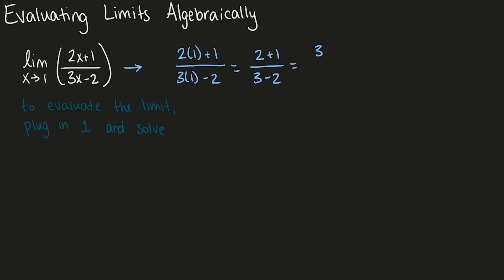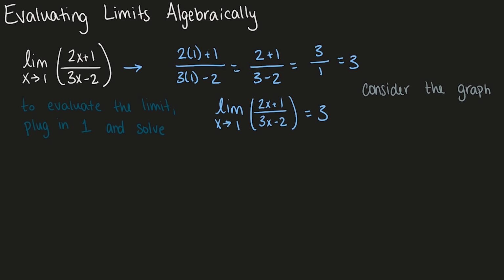This is equal to 3 over 1, or 3. That means the limit as x approaches 1 of 2x plus 1 over 3x minus 2 is equal to 3.